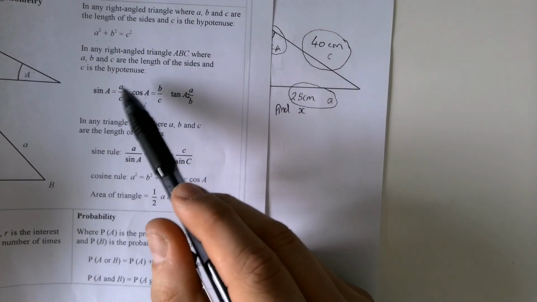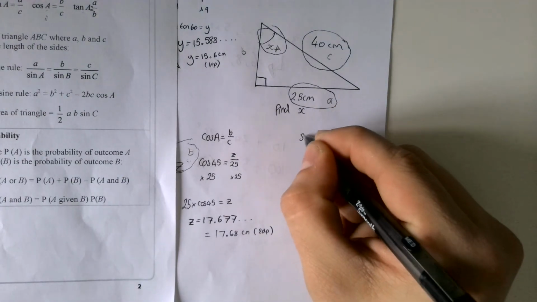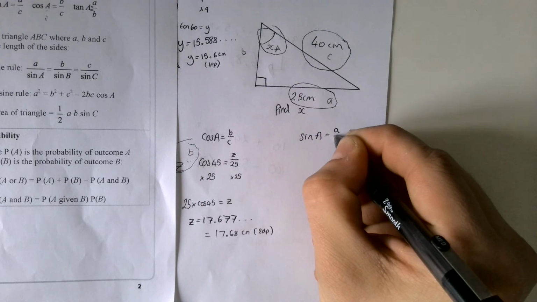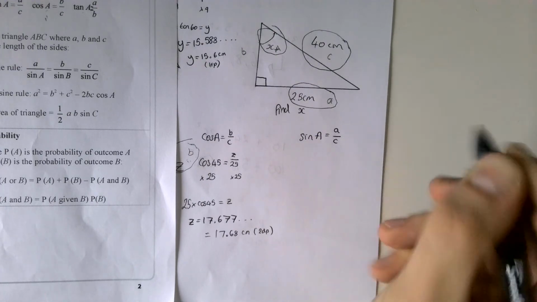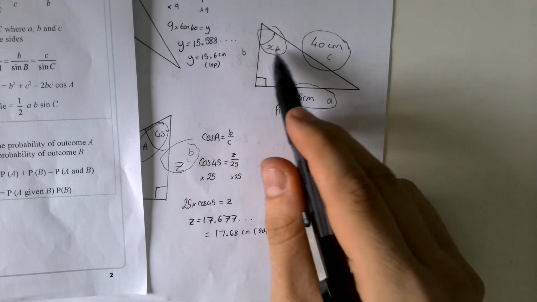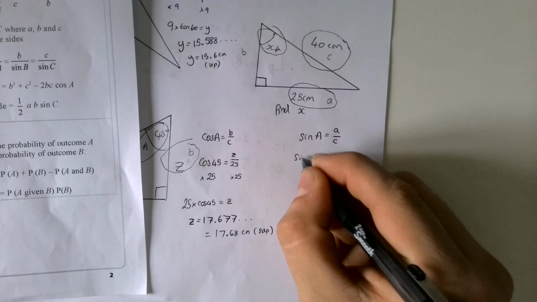So what links A and C? Well, I can see sine A is equal to A over C. So let's write that down. Sine capital A is equal to A over C. So again, I'm going to plug in my values. I know for capital A, we're actually calling X here.